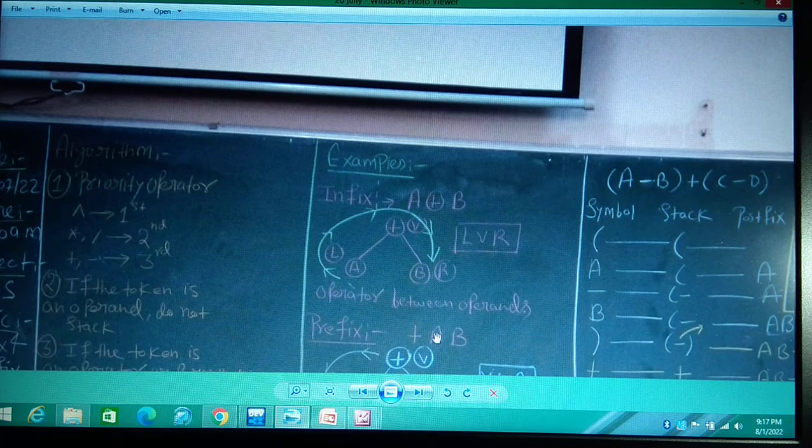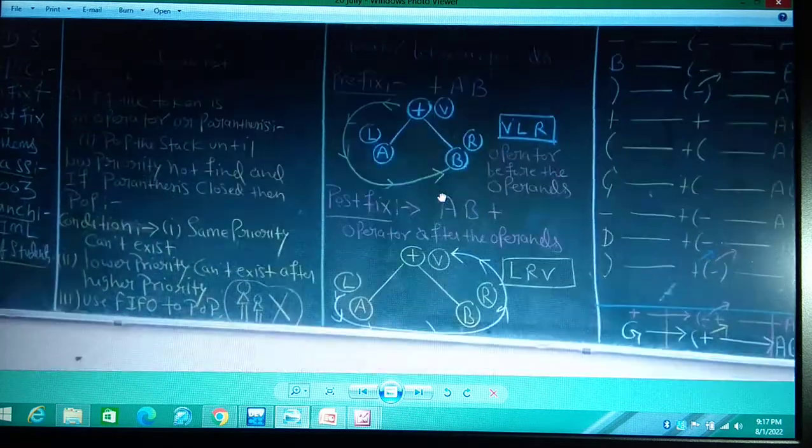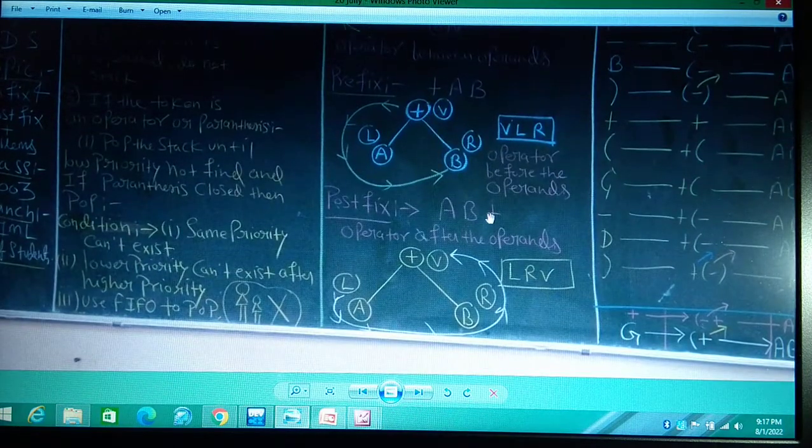Whenever this is operand, this is operand, this is operator, and the operator is before the operands, that is the prefix. And similarly for postfix, whenever the operator is after the operands A and B, this is the postfix.